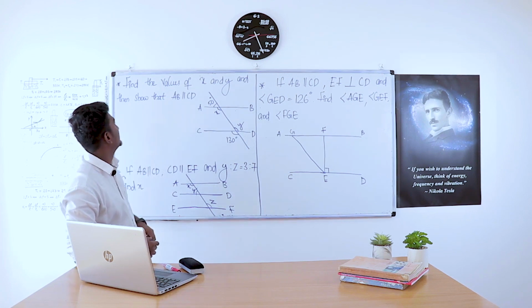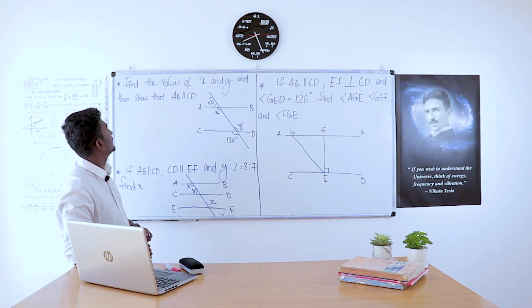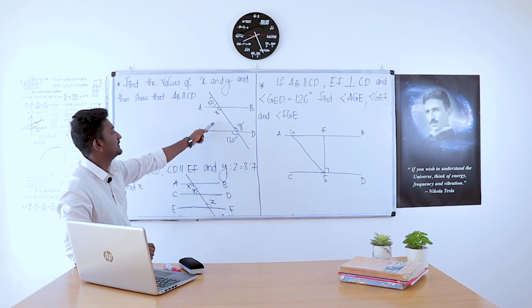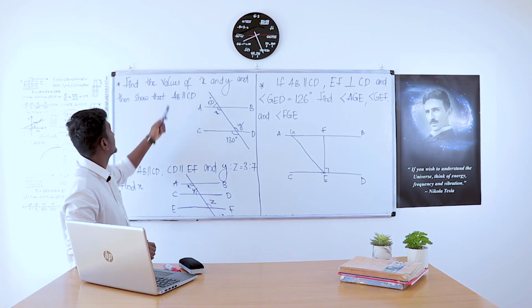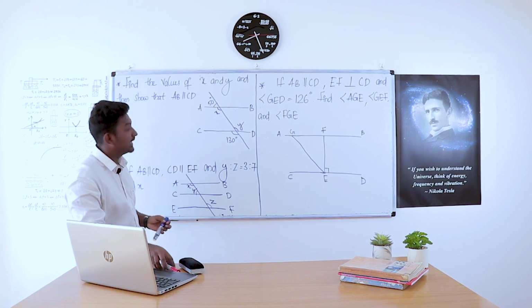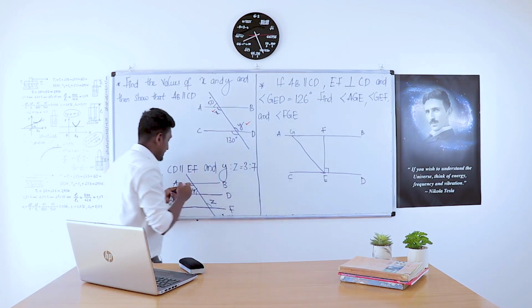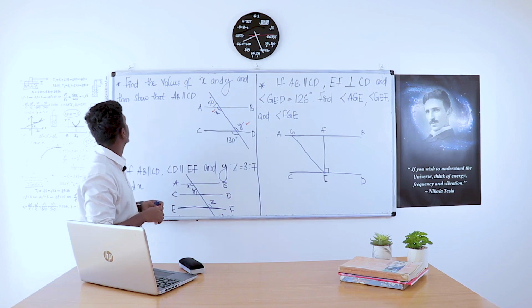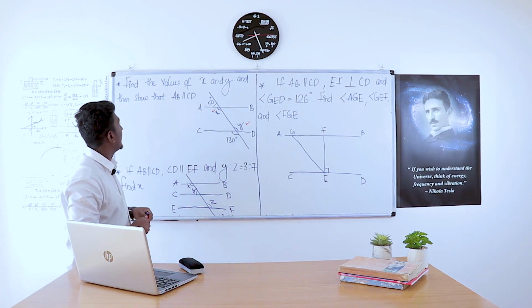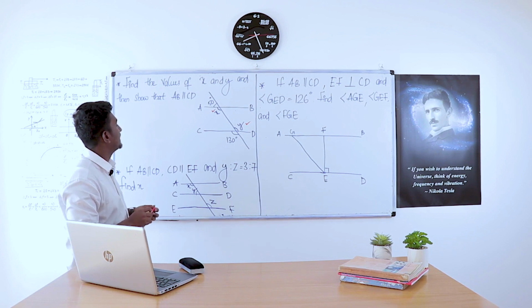The first problem is: find the values of x and y and then show that AB is parallel to CD. Here is the figure relating to the question. This is x and this is y.